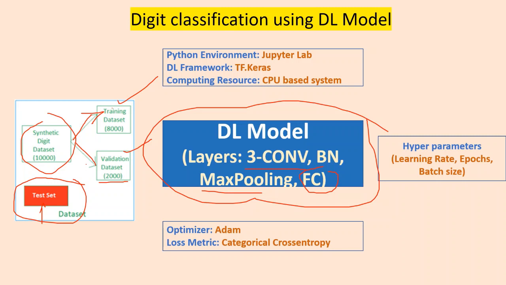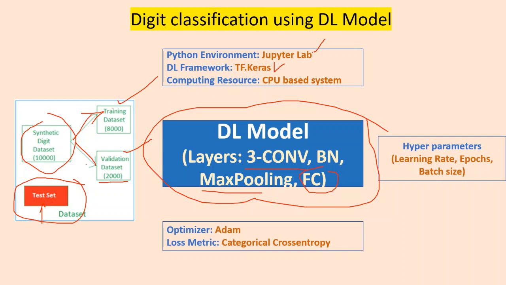So we have to make sure that the model performs well on all three data sets. Now, the Python environment which I'm using is a web-based Python environment called Jupyter Lab. Then I use a framework called tf.keras. After the introduction of TF 2.0, Keras can now be used along with TensorFlow. That means Keras need not be just a high-level API; it is a part of TensorFlow.